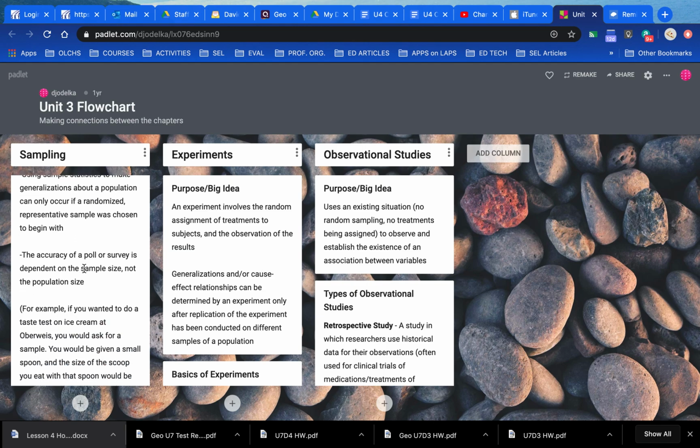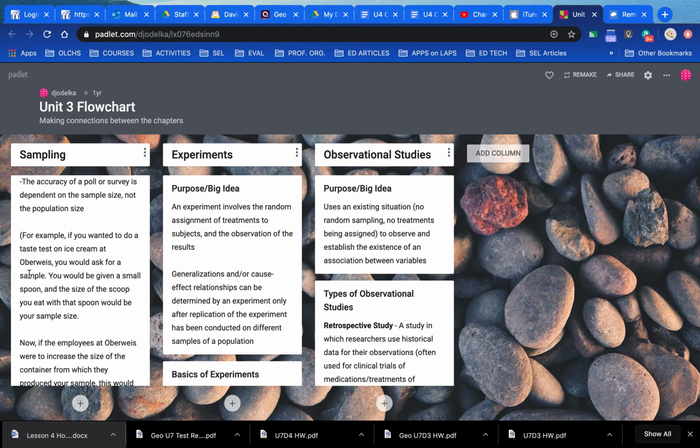Okay, an important thing here: the accuracy of a poll or survey is dependent on sample size, not population size. You might be surveying a small population, but you have to make sure that you survey enough people, but also not too many people. We talk about that more in the coming chapters, that whole idea of the 10% rule, if you remember.